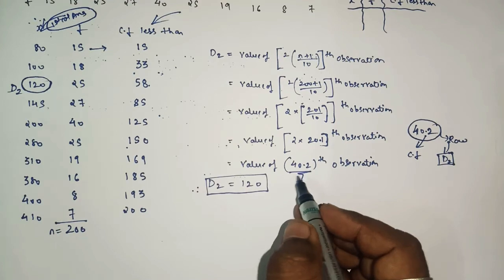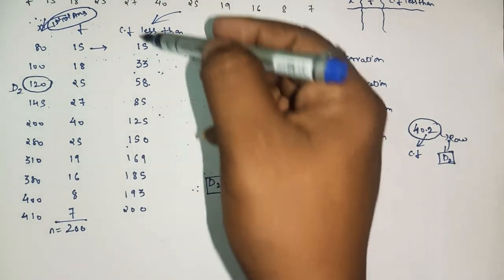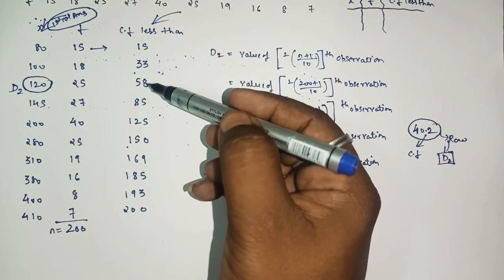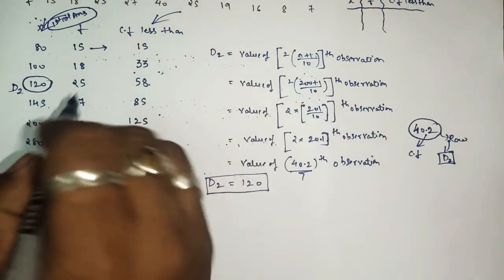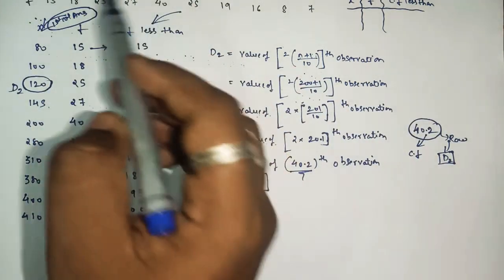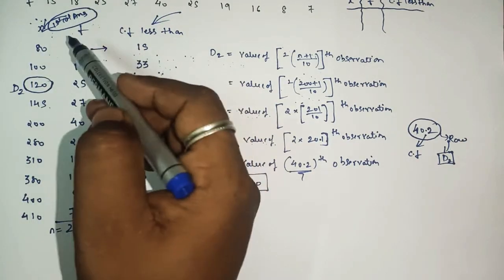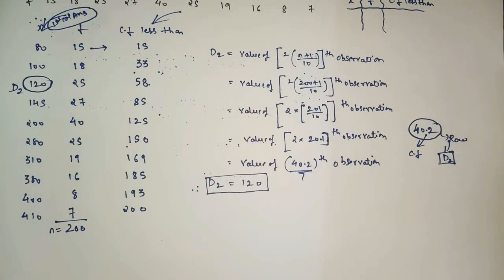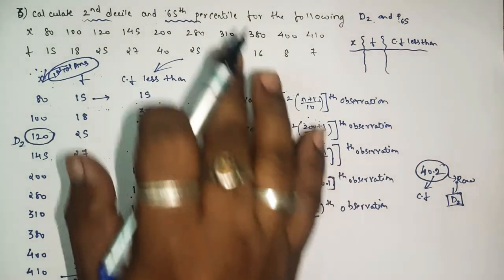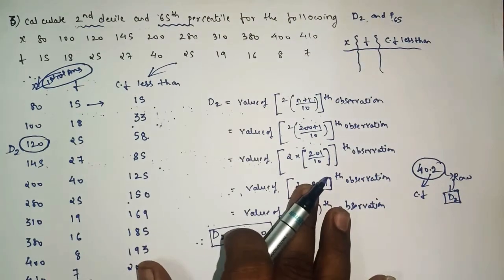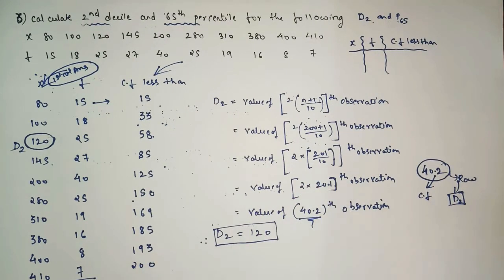You will take this value, check in the cumulative frequency in which row it lies. That row will be the answer, and the answer always lies in the first column. So here we got the answer for D2. So now we'll check the answer for D65.